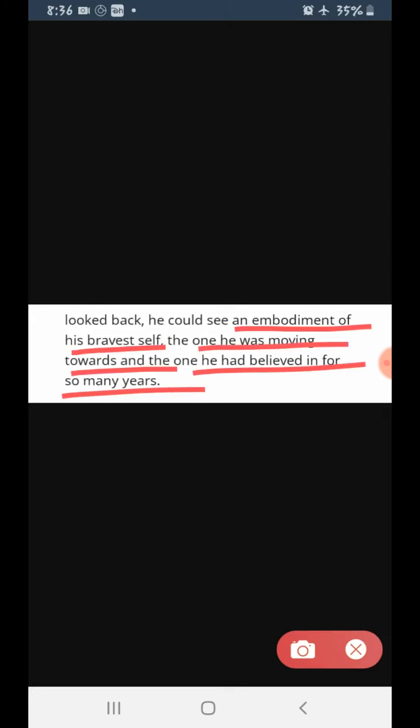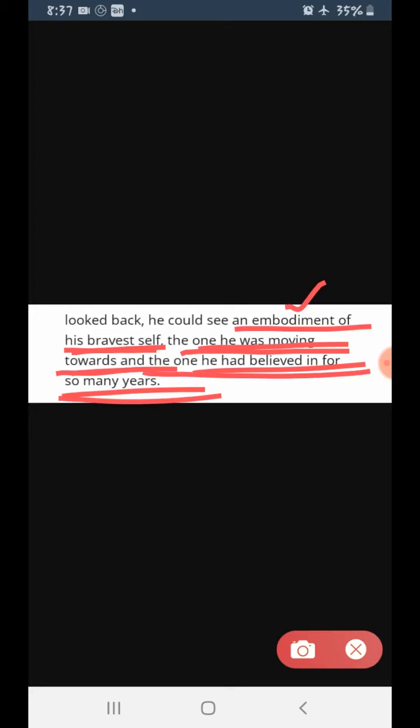So now Mr. Kanga had moved from Stephen Hawking's residence, bidding him goodbye, and he turned back after a while. When he turned back, he could see the embodiment. Embodiment means जैसे कि हिंदी में बोलते हैं साक्षात. Okay, that means form, the complete form, the real image. Okay, sakshat. So he could see an embodiment of his bravest self, the one he was moving towards and the one he had believed in for so many years.